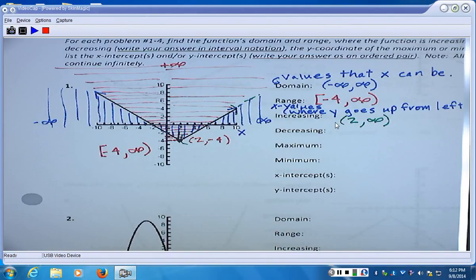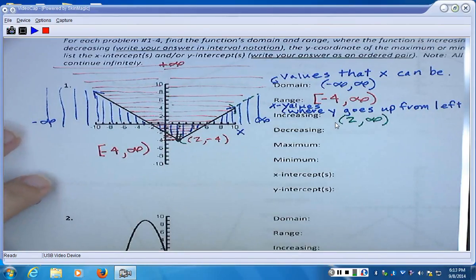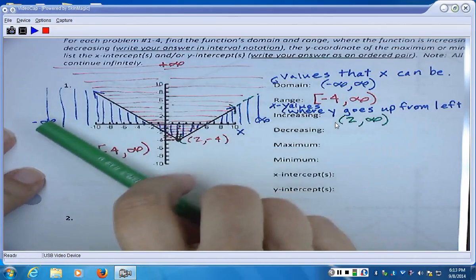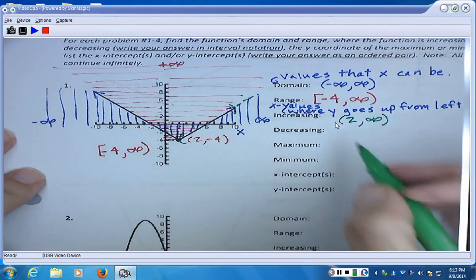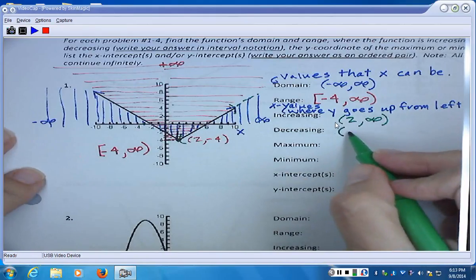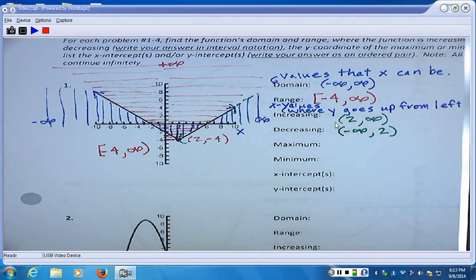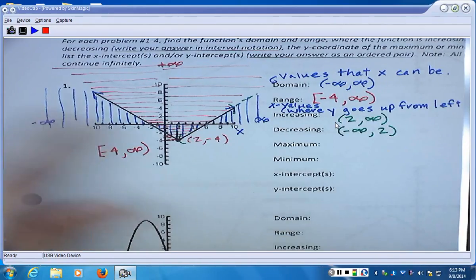Decreasing. It's decreasing. It's the x values where y goes down. And so the x values are minus infinity to 2. And we can't include the 2 in increasing and decreasing. We always use the regular parentheses because we're not including the endpoints.